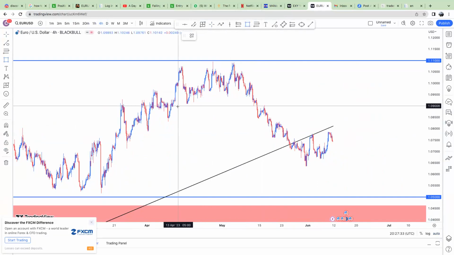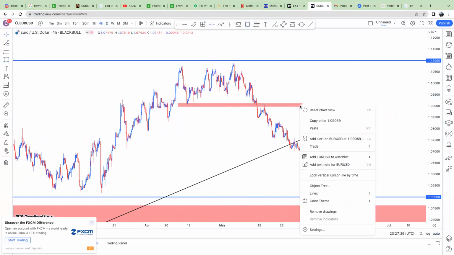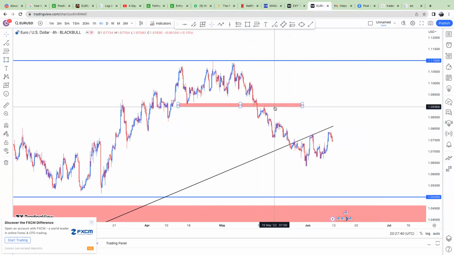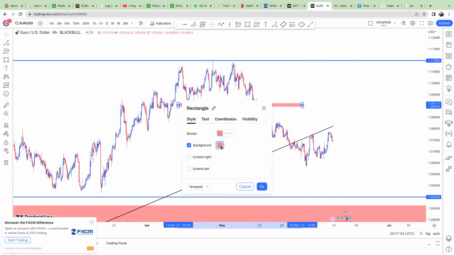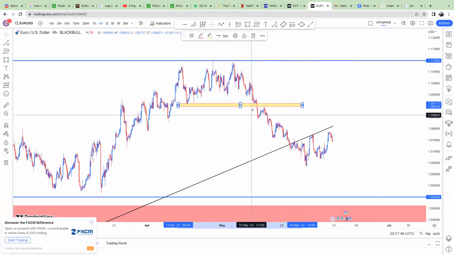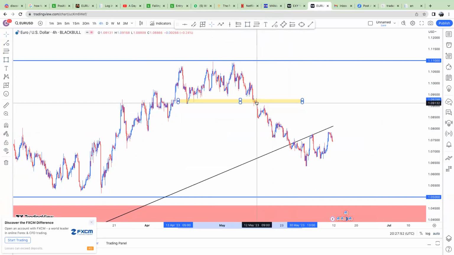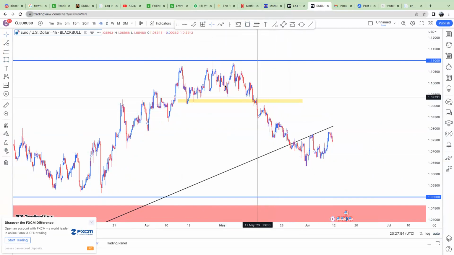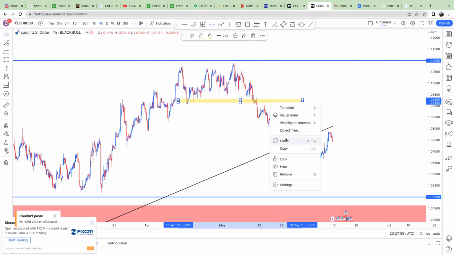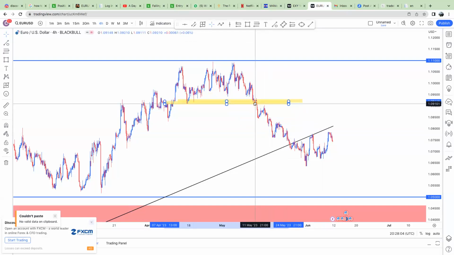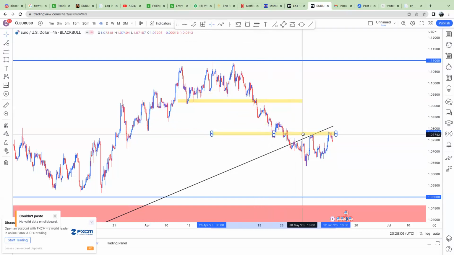So I will use my yellow this time around. So I have my first support. I have another support here.